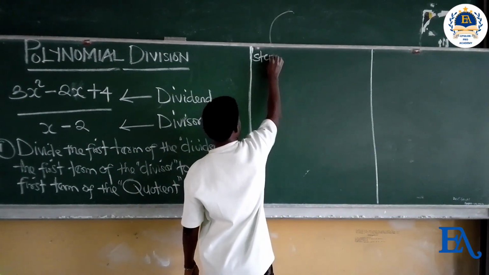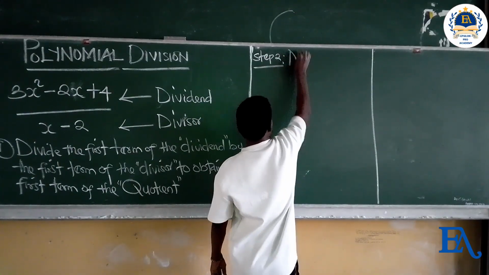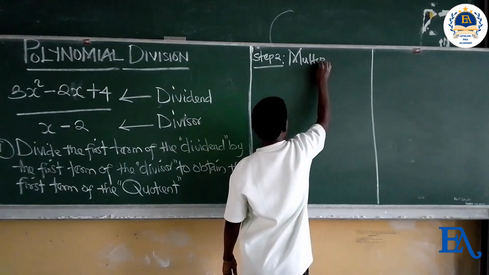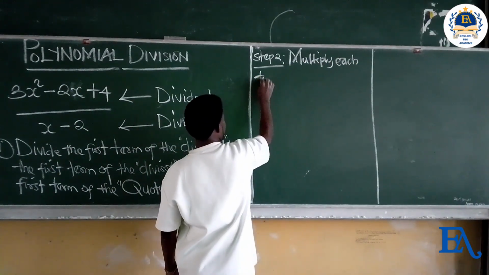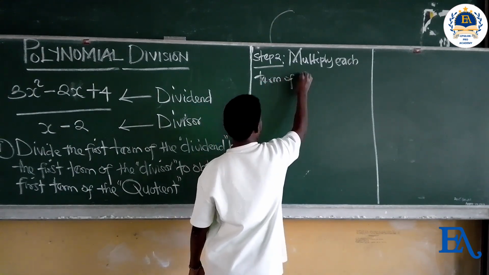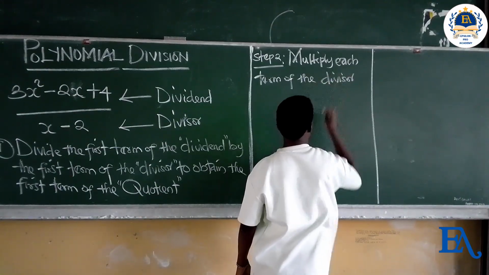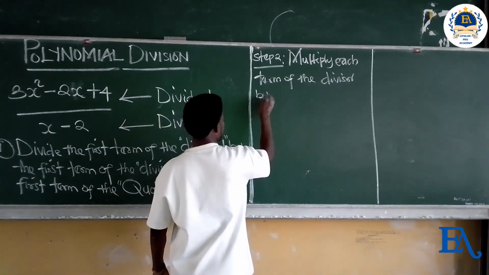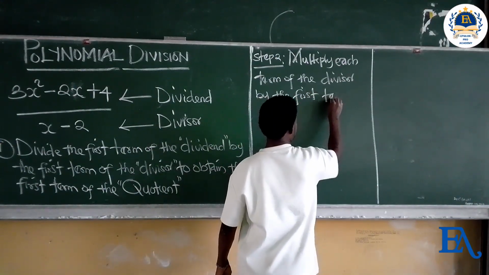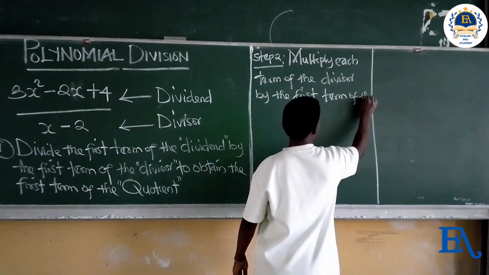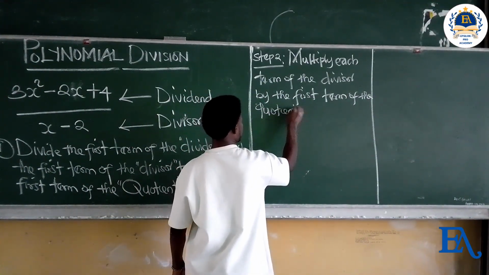Step number 2. Multiply each term of the divisor by the first term of the quotient.